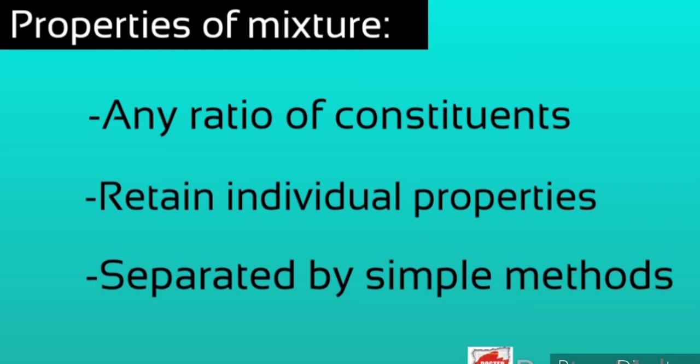This means that the individual property of any substance present in the mixture remains the same. Property does not change. Next, they can be separated by simple methods. That is, all the mixtures can be separated by different methods very easily. These are the properties of mixtures.